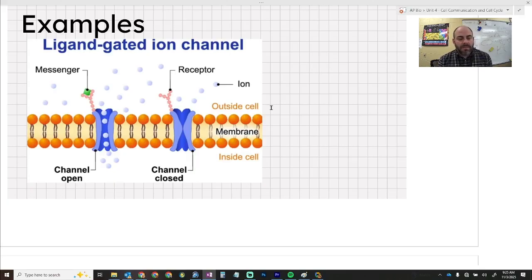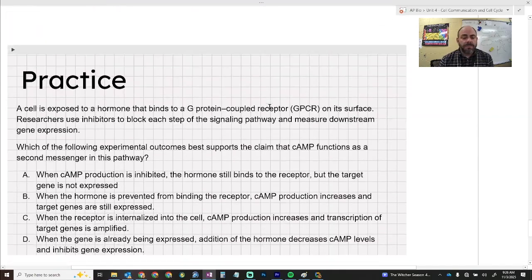And then when the messenger or the ligand is removed, the receptor or the gate closes and causes those ping pong balls to be trapped inside the cell. Pretty neat. This is how neurotransmitters generally work, but there are other things that work this way as well.